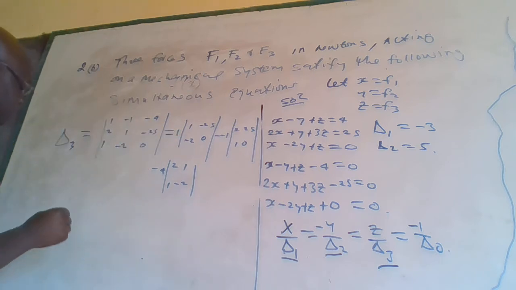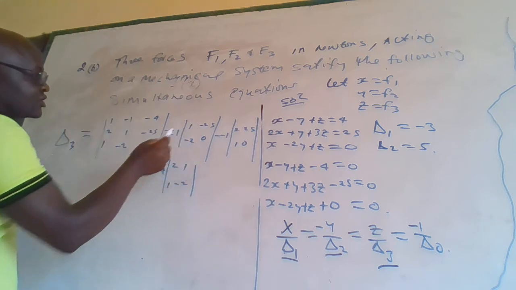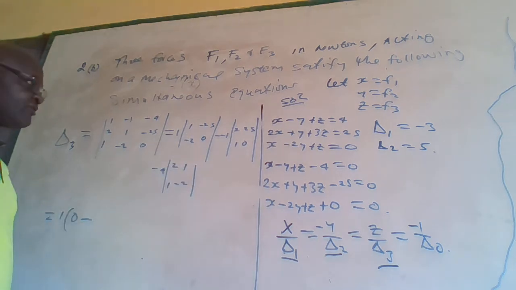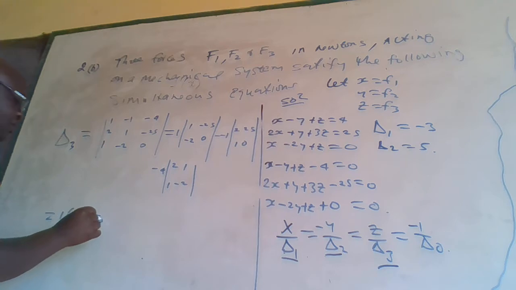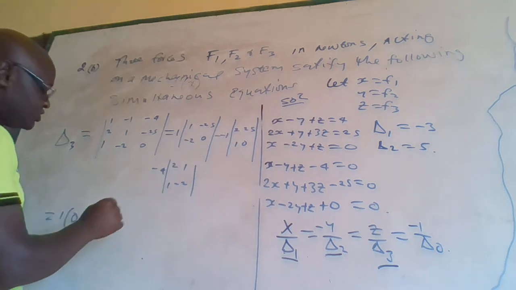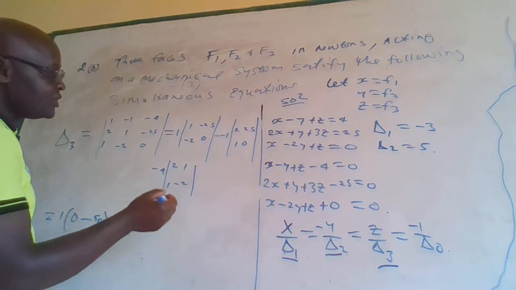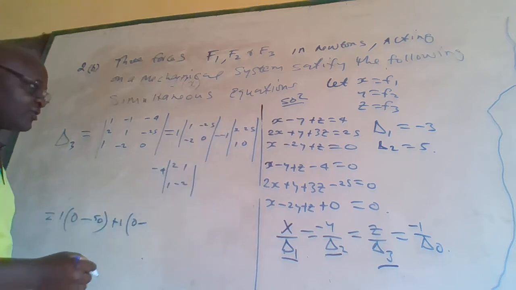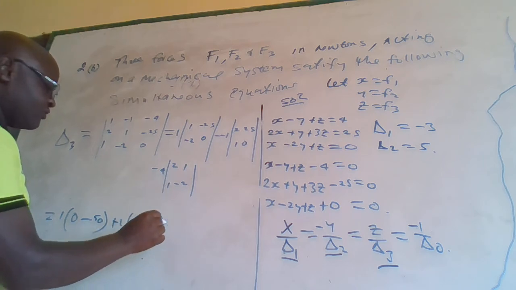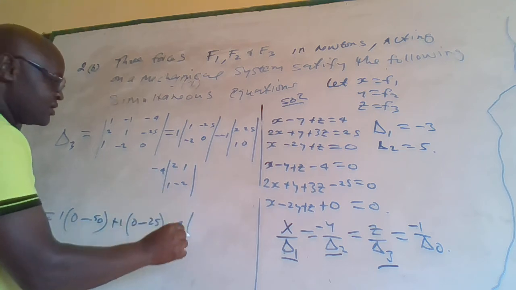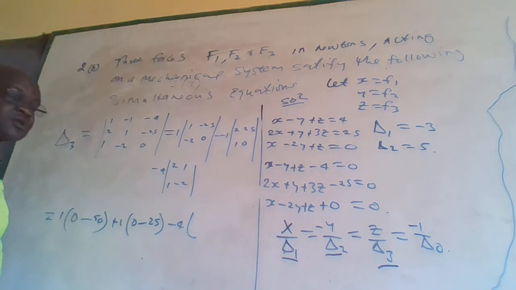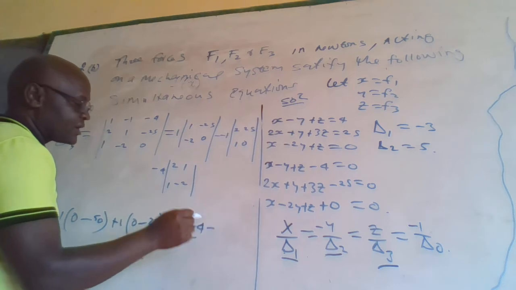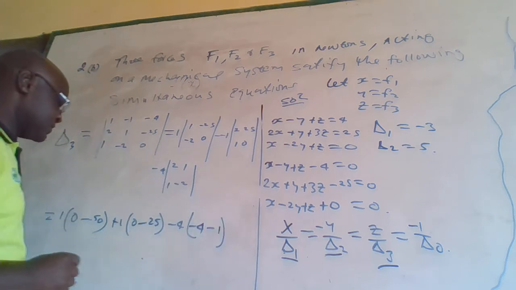And then we expand this, so we have 1 into 0 times 1, 0, minus negative 2 times negative 25, so we have minus 50. Then this will be plus 1 into 0 times 2, you have 0 minus 1 times 25, minus 25, minus 4, into negative 2 times 2, we have negative 4, then minus 1 times 1, like that.